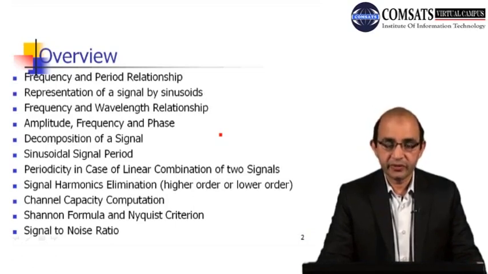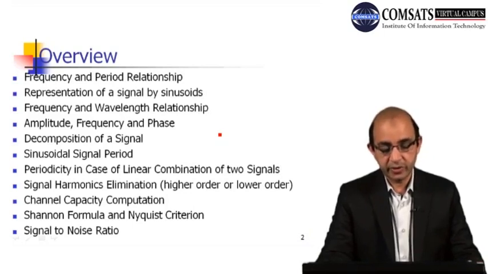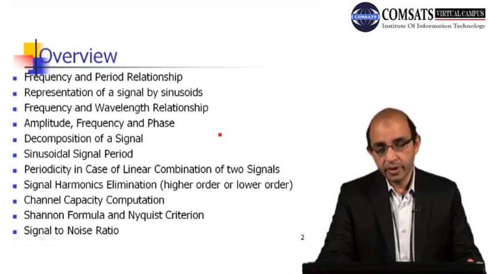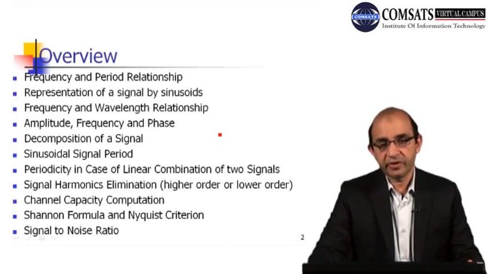Then after that we will be going through the periodicity if we have a linear combination of two periodic signals. So how we will be computing or mentioning the periodicity. Normally when we decompose a signal into different frequency components, we have components with different frequencies.